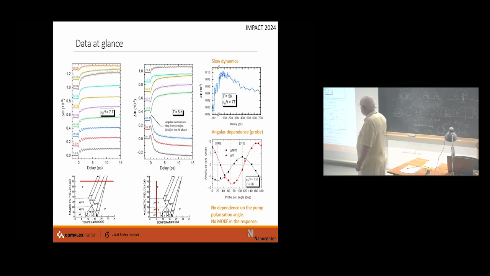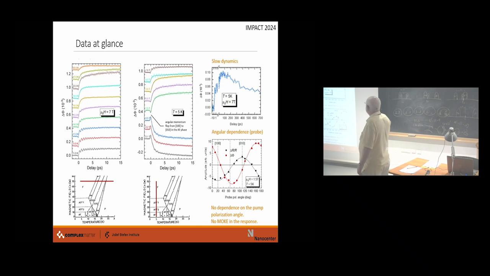When we then decrease the field towards zero, towards the antiferromagnetic ground state, we see that these oscillations cease in the ferromagnetic phases, or at least they are not clearly seen and not reproducible. Then when we go into the antiferromagnetic phase, we see a change of sign of the signal, and again we see somewhat stronger coherent oscillations.